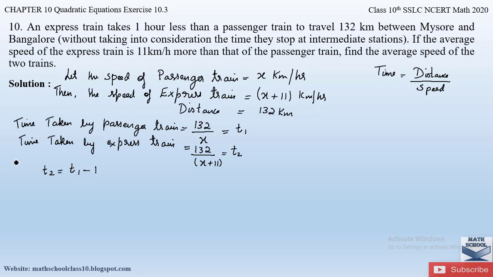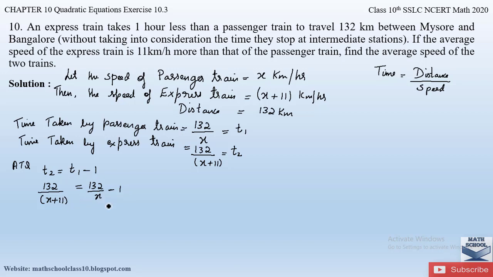This is the condition given in the question. Now let us substitute the t2 and t1 values. t2 is 132 divided by x plus 11, which is equal to t1 minus 1, that is 132 divided by x minus 1. This is how we form the equation.